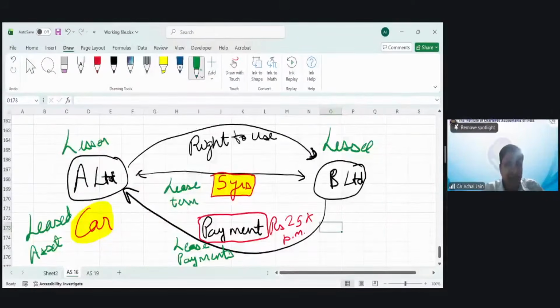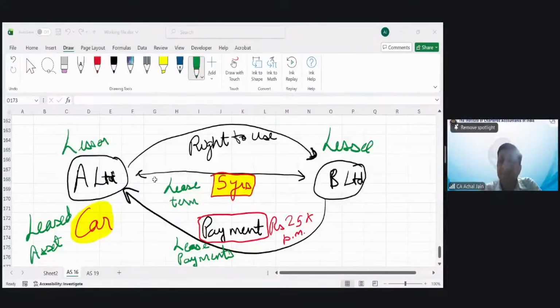That's what you call minimum lease payment, which is very commonly called MLP. What is MLP? Minimum lease payment. Clear? Right? Any questions on this? Are you clear on the lease term and some of these terminologies? Any questions on this?